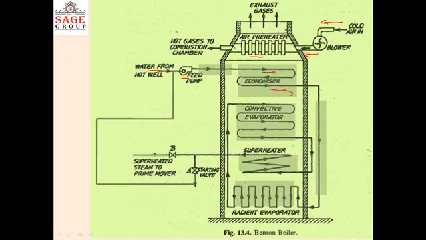Then it will move through this radiant evaporator, then the convective evaporator. Then after passing through the convective evaporator, it will enter the superheater, and then it will go for the application where it is required. So what important thing we are seeing is that there is no drum used in this boiler. No drum.